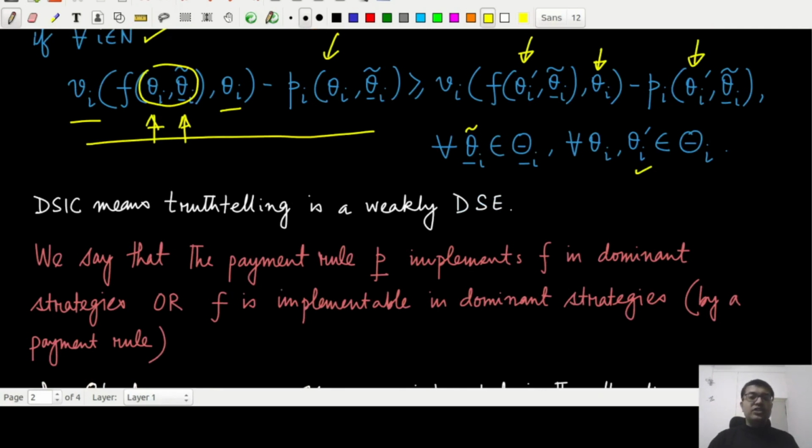On certain occasions we will also use this term. We will say that this payment rule P implements the allocation rule F in dominant strategies, or we'll also say that F is implementable in dominant strategies, and it is assumed that there exists some payment rule which is implementing this. So these are just certain terminologies which we might use sometime in the future.